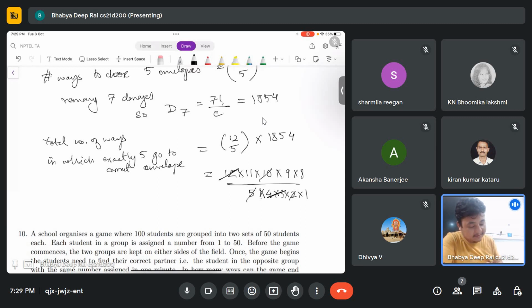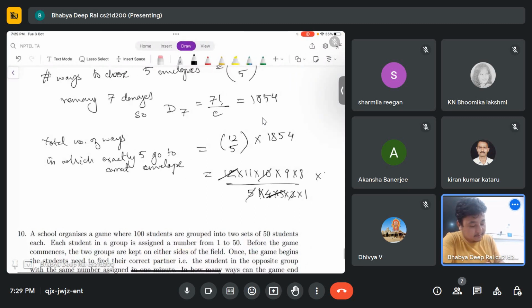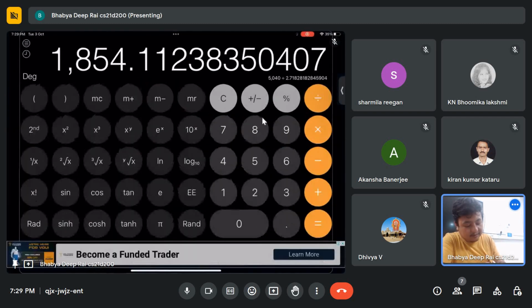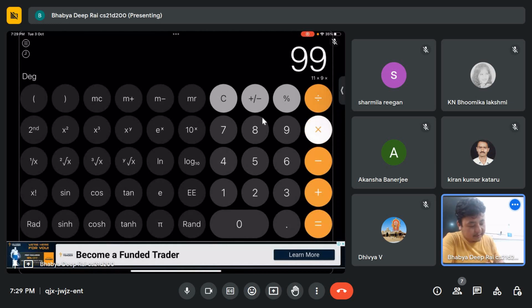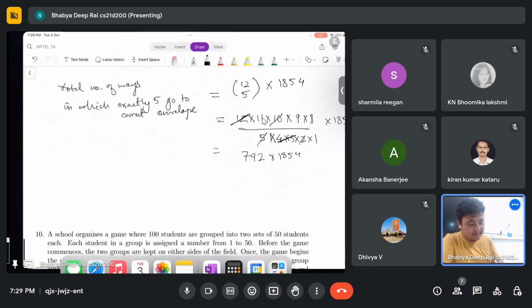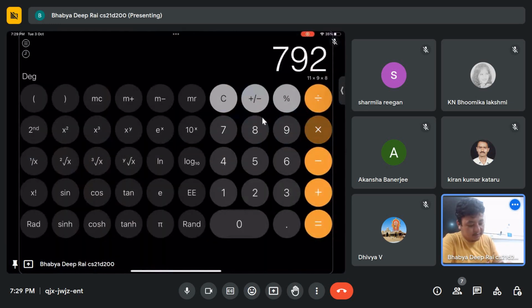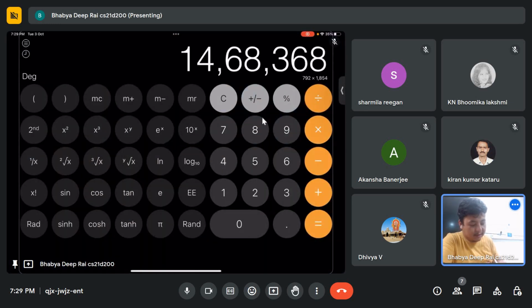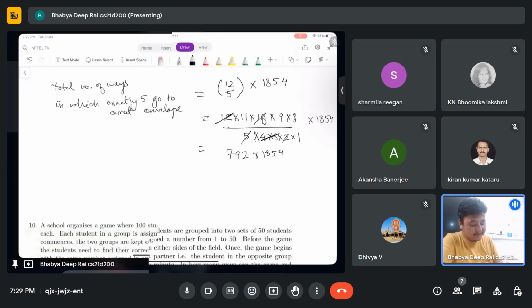Then 11 times 9 times 8 is 792. 792 times 1854 gives 1468368.